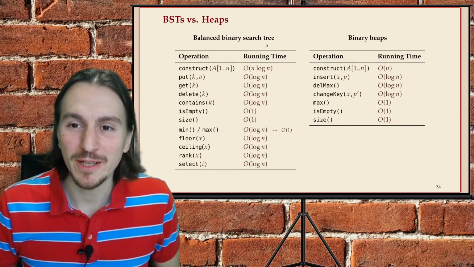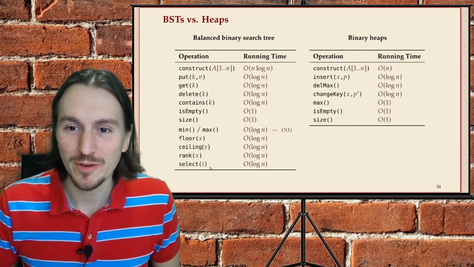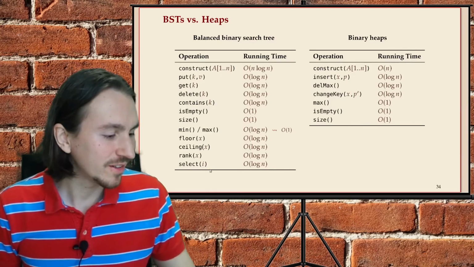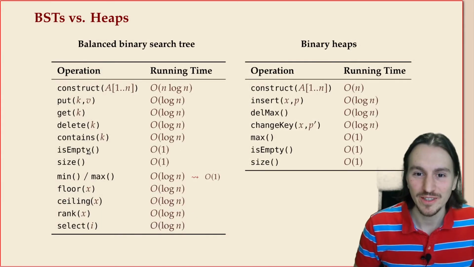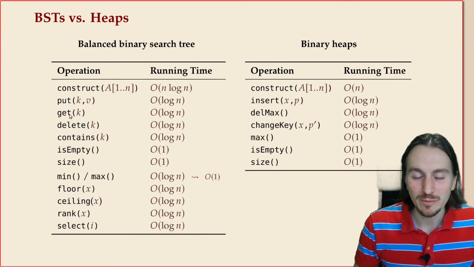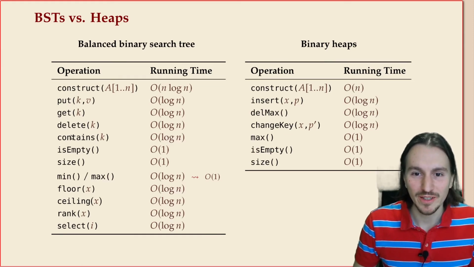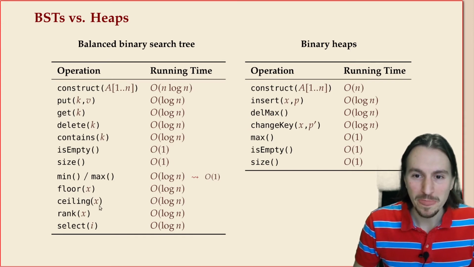We have here a balanced binary search tree and all the operations that it can support. It's quite a list, right? So we have the get and put, that was the standard symbol table, delete, etc. And then we had the ordered symbol table operations.